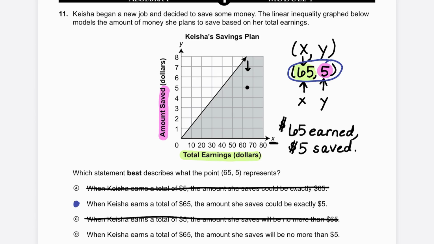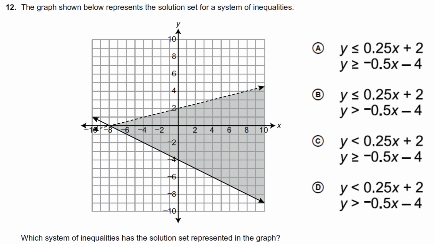Yes, we have less than here, but we are not interpreting something with a less than or equal to sign. We're interpreting an actual ordered pair, so it should not be D. So that's question 11. Sweet and simple: if you know how to interpret an ordered pair and recognize X, Y, and how to interpret from a graph, you will be A-okay.